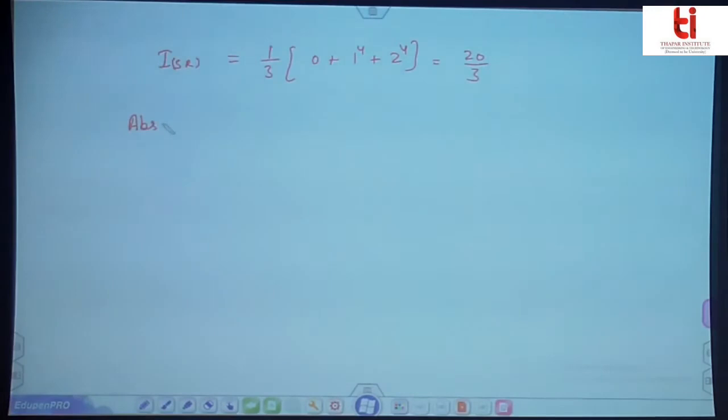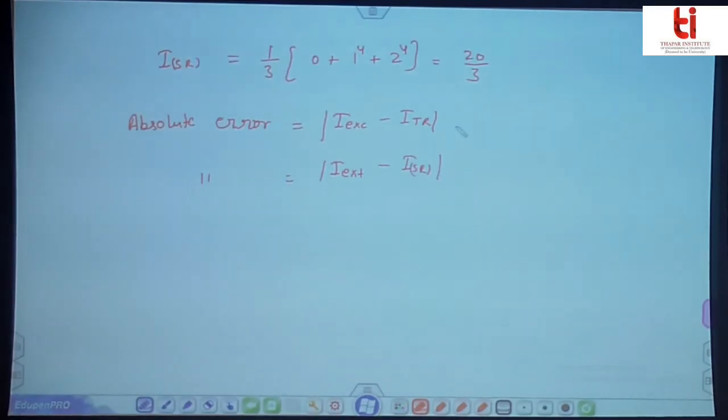Okay, absolute error. Absolute error when using the trapezoidal rule is I exact minus I trapezoidal, and I exact minus I Simpson rule.